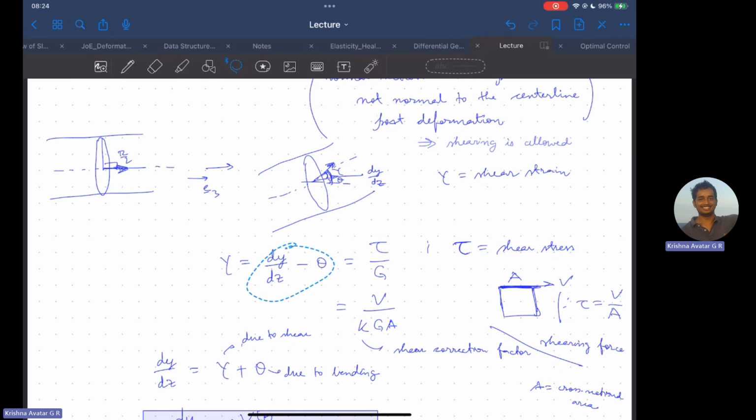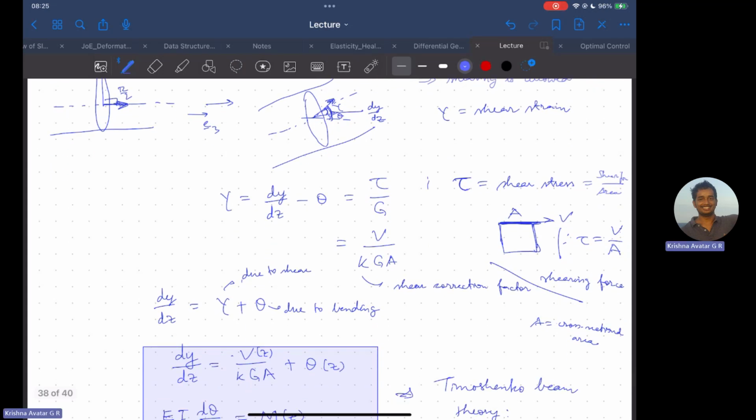So dy by dz minus theta gives us the shear strain, and shear strain is defined as tau by G. Tau, we call it shear stress. Shear stress is essentially shear force divided by the area on which it's applied.